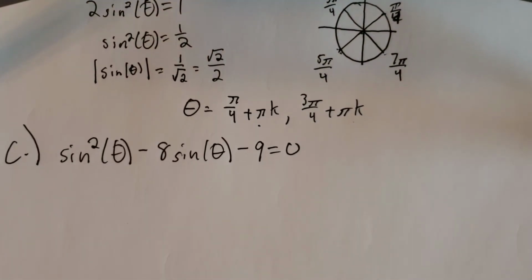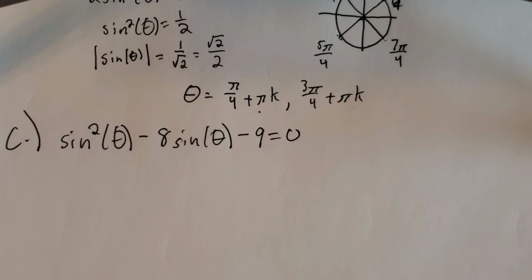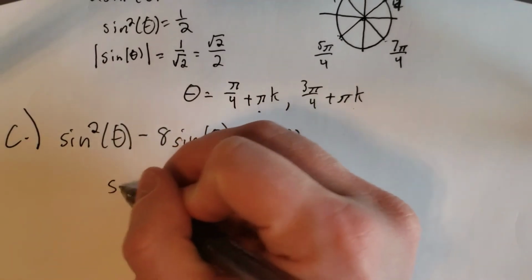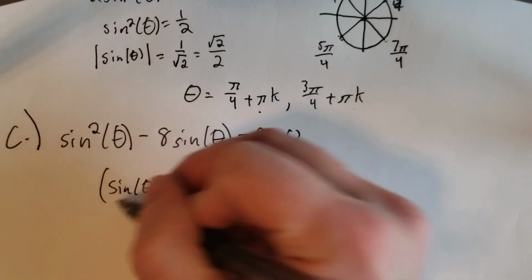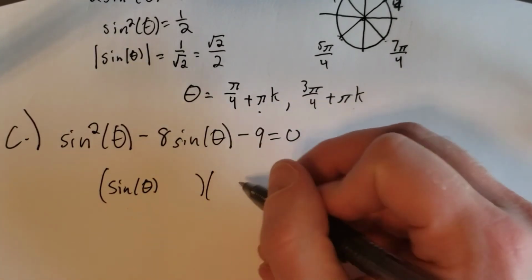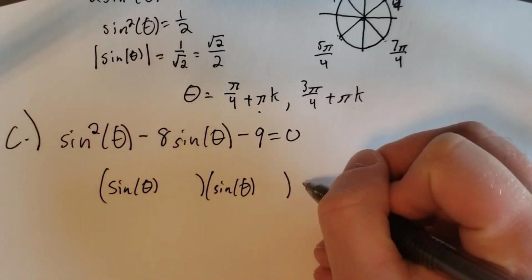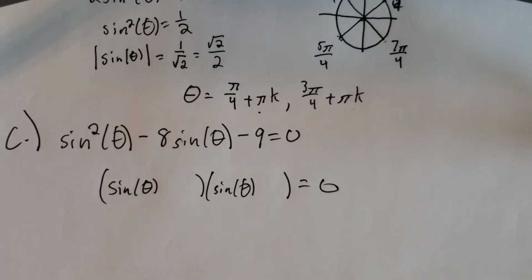We have one more question here. That is to solve the equation sine squared of theta minus 8 sine theta minus 9 is equal to 0. And to do this, we can recognize that this looks like a quadratic equation, so we can factor. So this is sine of theta plus or minus something times sine of theta plus or minus something is equal to 0.